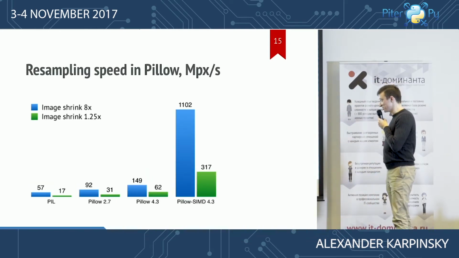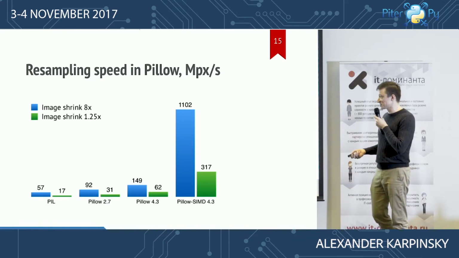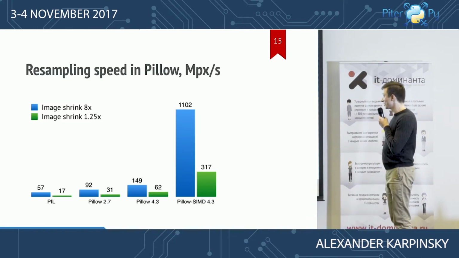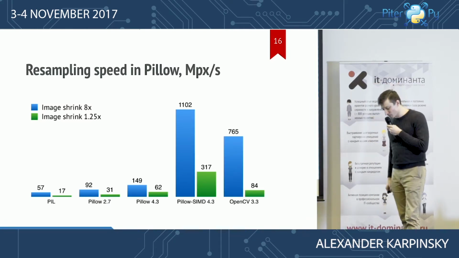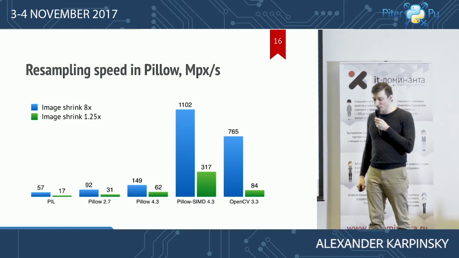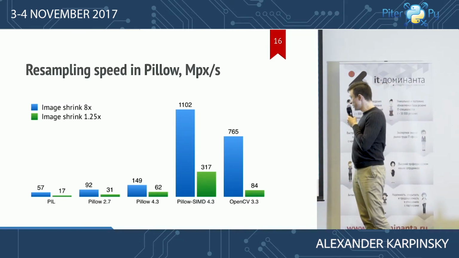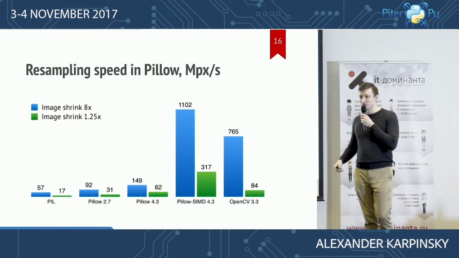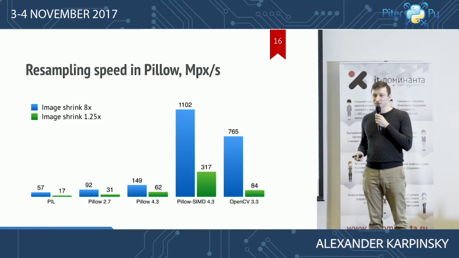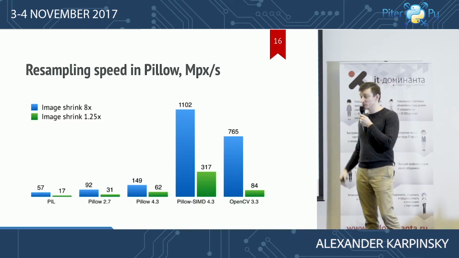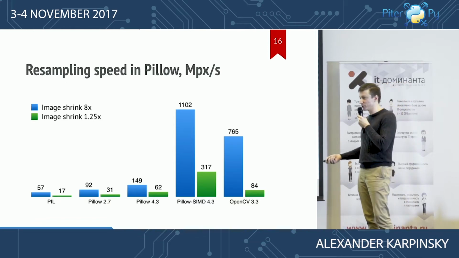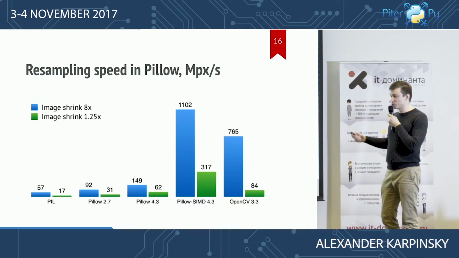With Pillow SIMD, the performance is 15 times higher than with the original Pillow version. And here, just for comparison, is the performance of OpenCV. But I need to clarify that it is not quite a correct comparison, because OpenCV uses a box filter whose quality is a bit worse. With Pillow SIMD, the quality is better.